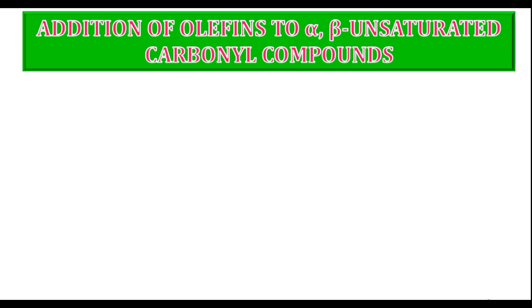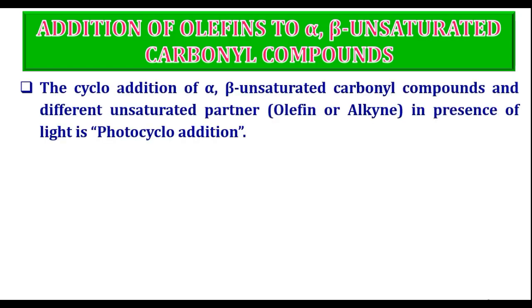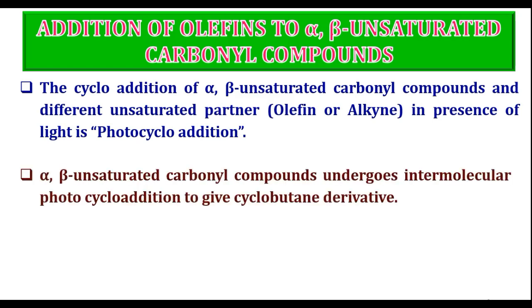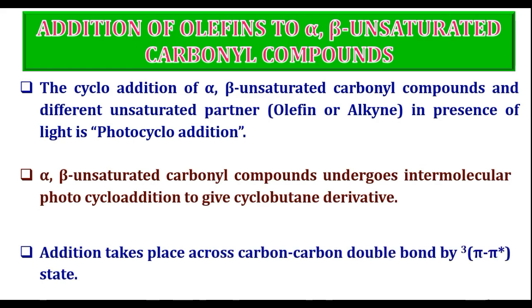This reaction takes place in the presence of light, so it is a photocycloaddition reaction. Here the alpha beta unsaturated compound undergoes cycloaddition to give a cyclobutane derivative. The addition takes place through the triplet state, pi to pi star excited condition.